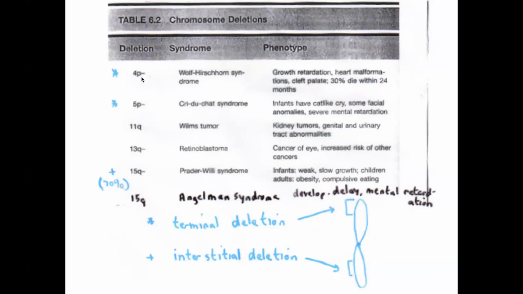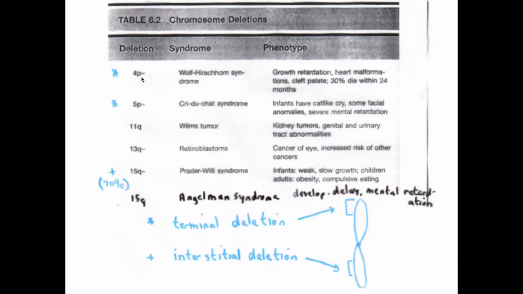So that's chromosome 4. It's submetacentric. You have a short arm and you have a long arm. The short arm is the P arm, and the tip of that short arm is deleted to give rise to this particular condition, this particular syndrome.